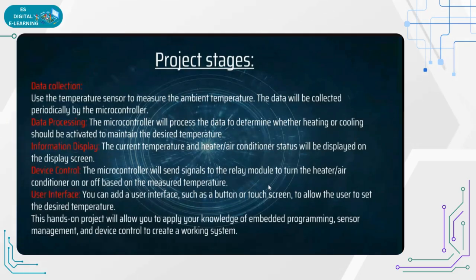Device control is the input, and the user interface is also a part of input, where you are interacting, able to control, and able to monitor the data with the help of the user interface and information display. This is an overview of the high-level terms you should know when you need to work on an embedded project.